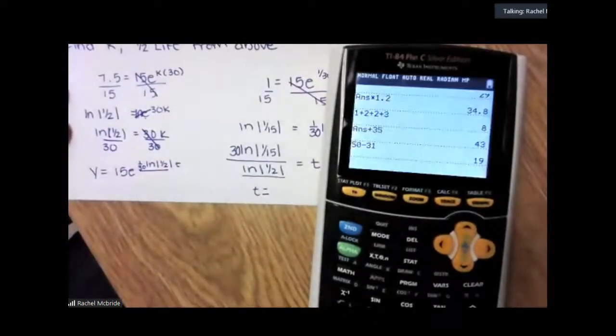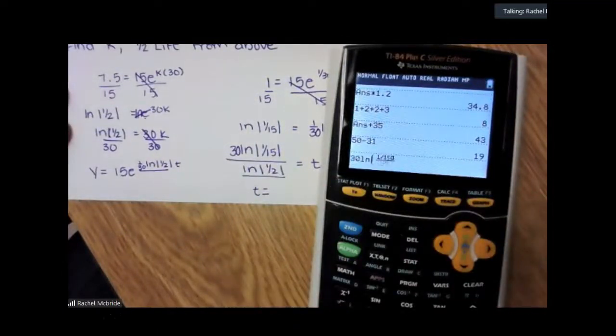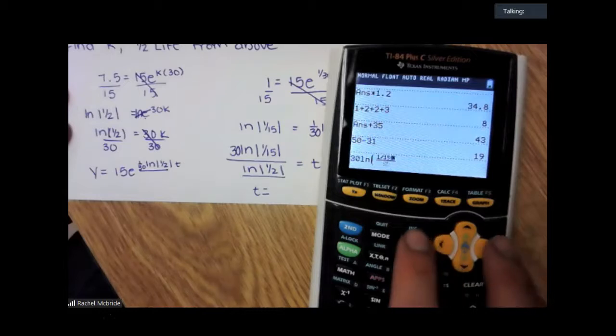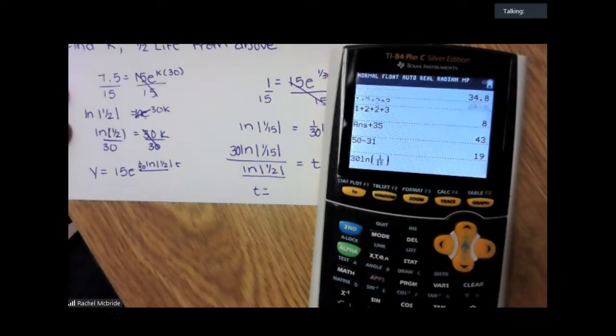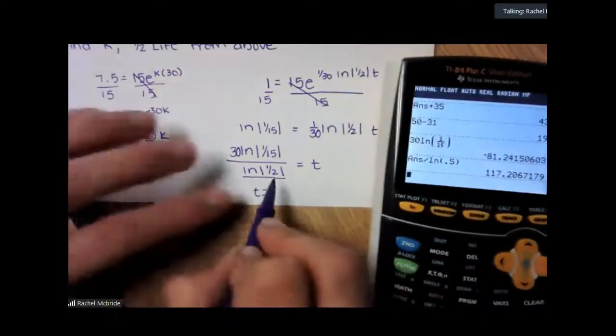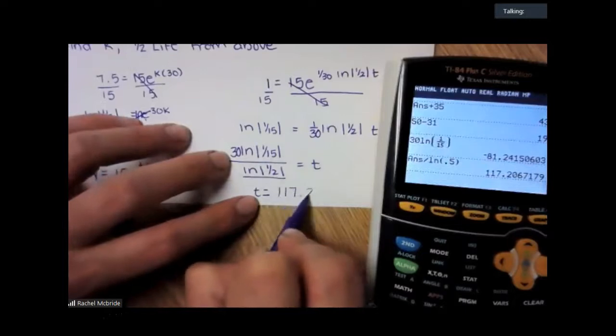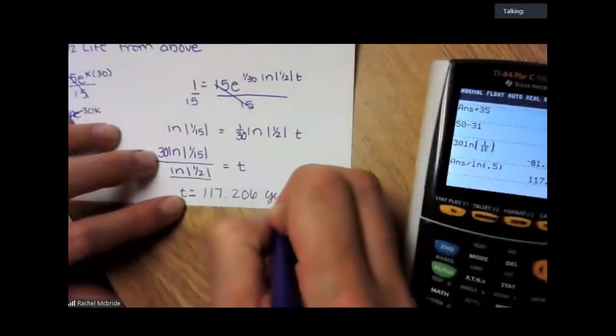So you would just do 30 ln 1 over 15 and then divide that by the natural log of 1/2, and we get 117.206 years.